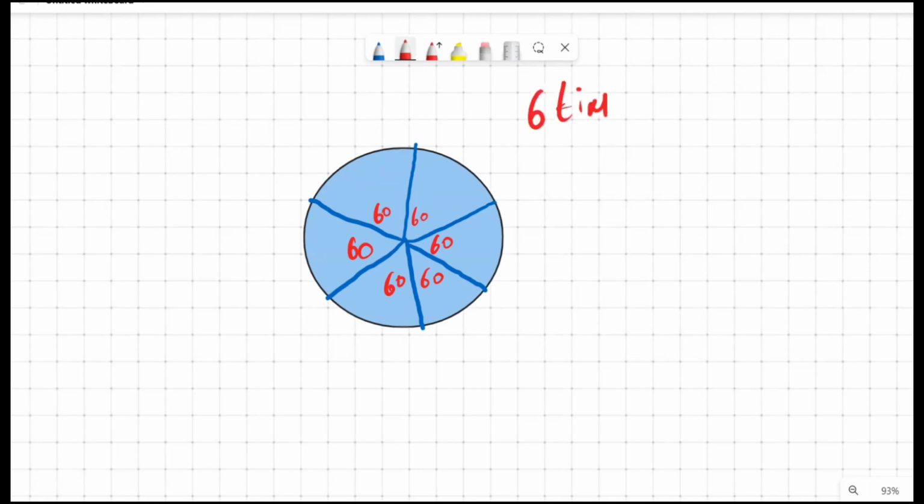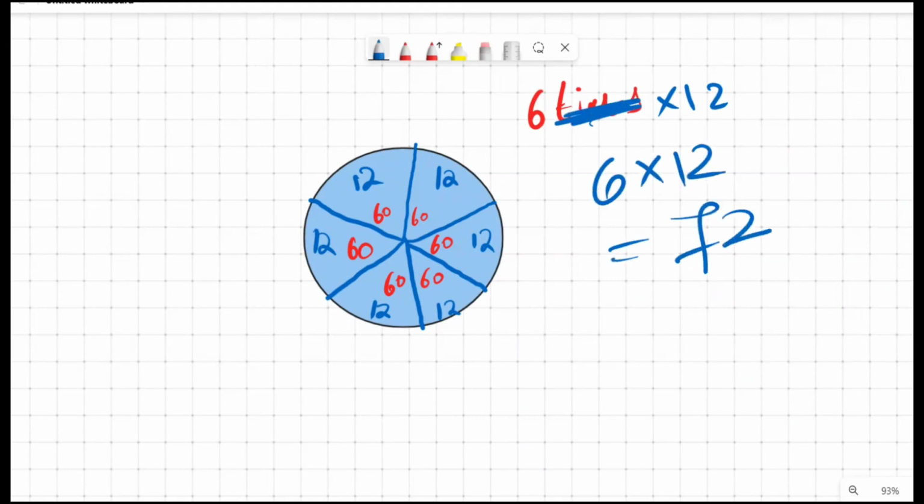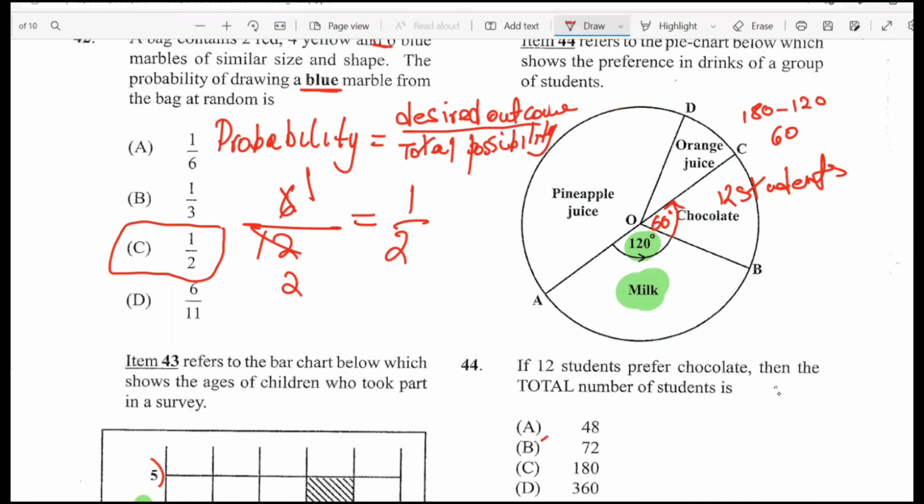Each time I got it, it was 12 students, 12, 12, because 60 is representing 12 students. So I could say, 6 times 12, I'll get 72. So right there, it's 72 overall. It's one approach. So we're seeing where 72 is the answer. But I could have done it another way, right? Could have looked at it like this.